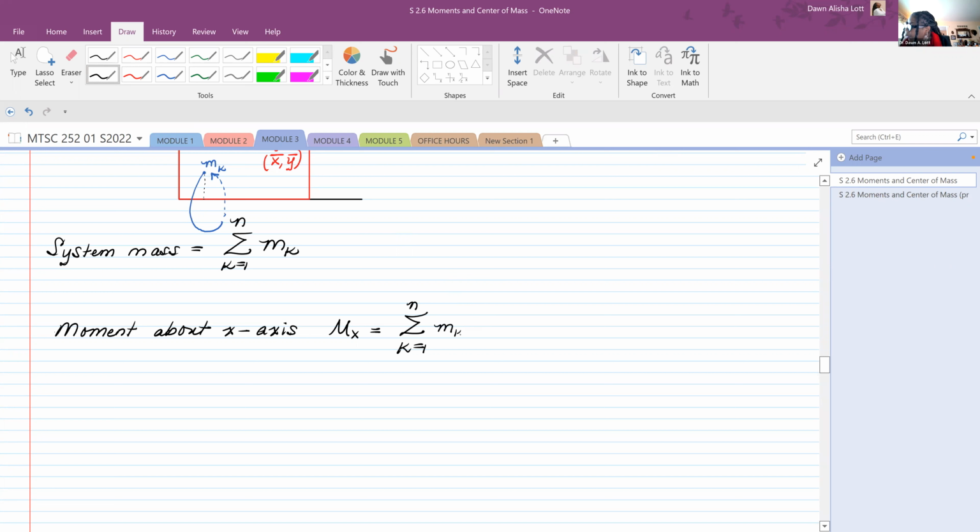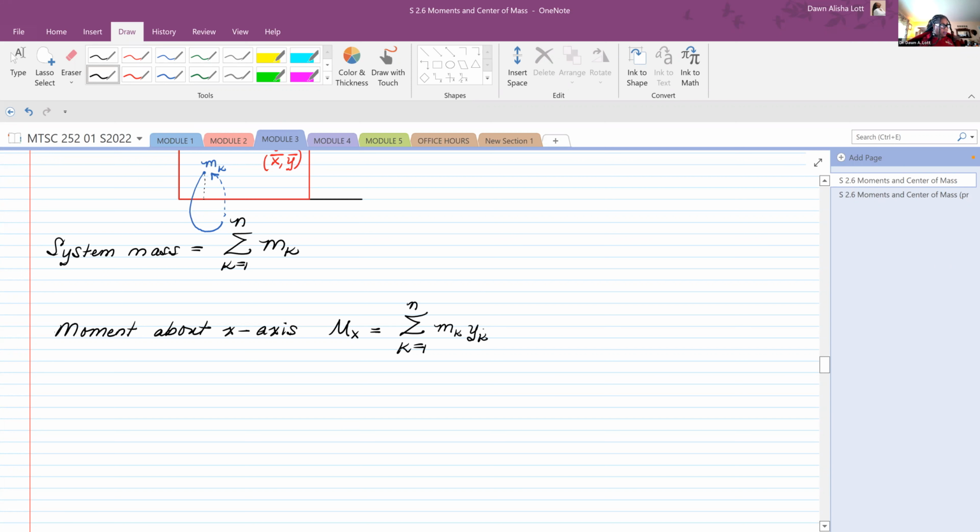But if you remember, we're looking at the distance that the mass is from where it wants to rotate. So when we had it on the seesaw, we took the distance it was from the fulcrum, that determined whether it wanted to rotate. Well, this thing wants to rotate about the x-axis. So I need its distance from the x-axis, and that is yk.